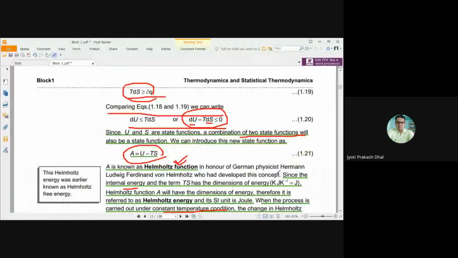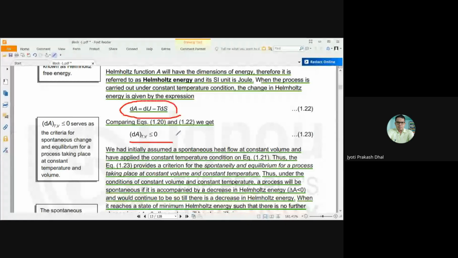So this is equation 20. 20 is like this, dU minus TdS is less than or equal to 0, and this is equation 22. So here dA is there. So dA at constant temperature and constant volume is less than or equal to 0.